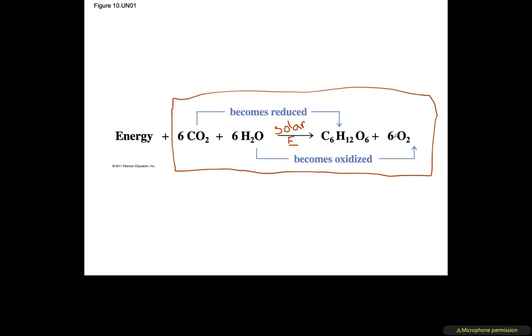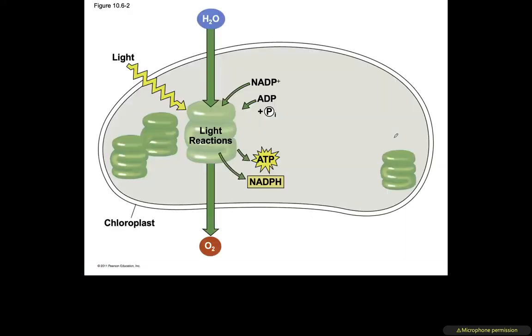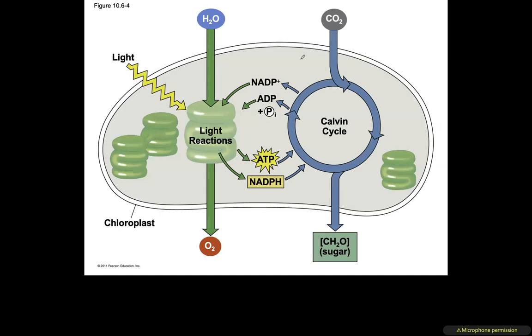So go ahead and refer back to this as you need to. When you look here, what do you see? You see water is coming in, so that fulfills the H2O component. So water is going to come in and it is going to be split. When I say split, I mean the H's and the O are going to separate. And when they do that, they're going to leave electrons here inside the thylakoid.